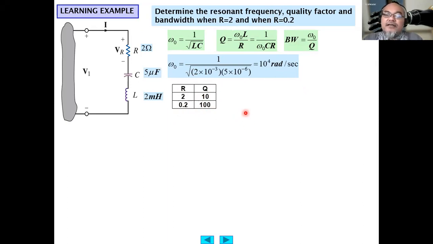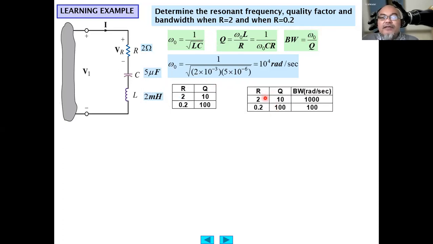In a series circuit, when the resistor is lower, the quality factor gets higher. The bandwidth is calculated as omega 0, the resonance frequency, divided by the quality factor. So when the resistor is 2 ohm, the quality factor is 10, and the bandwidth is 10 to the power of 4 radian per second divided by 10, equals 1000 radian per second.